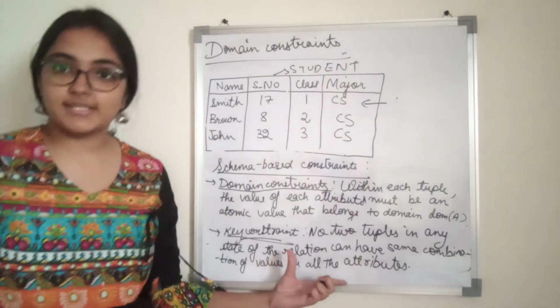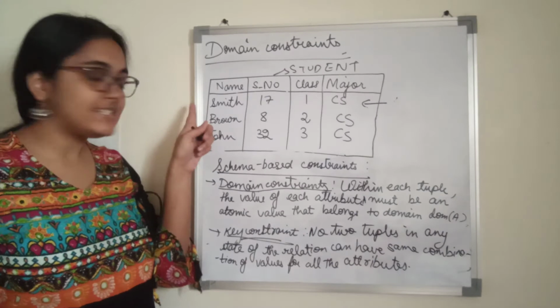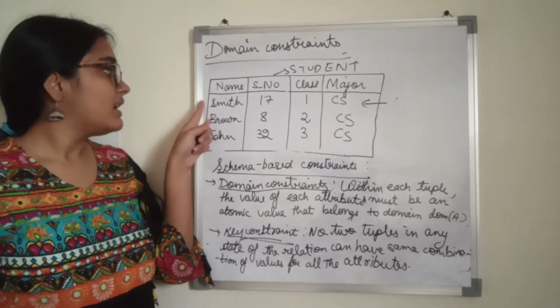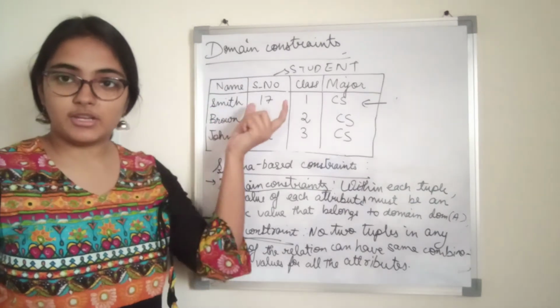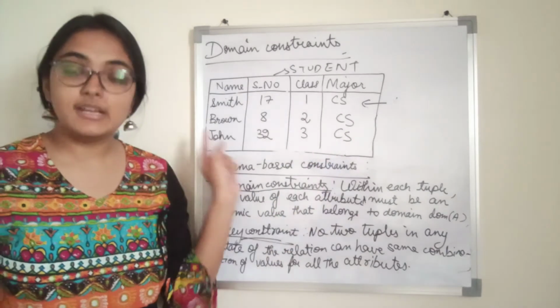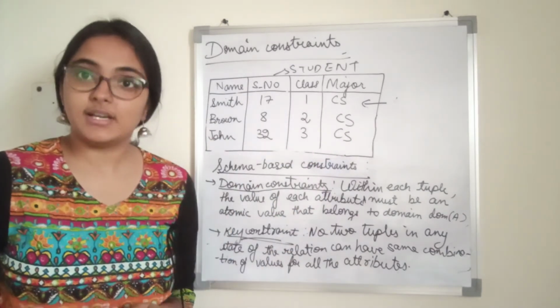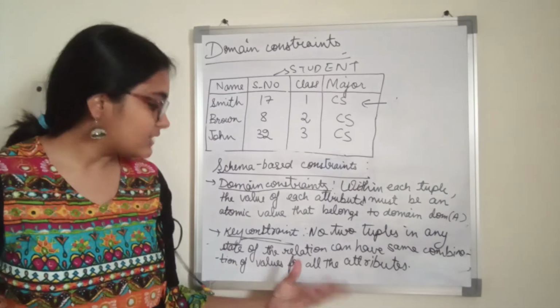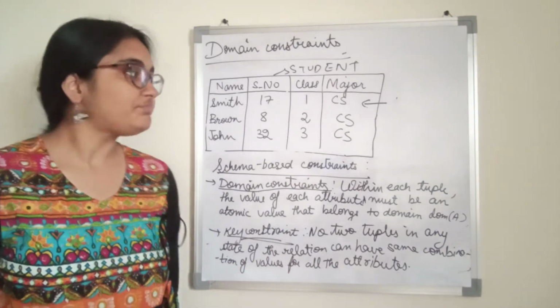Right, so what does it mean? That I cannot have the exact same tuple, we cannot have another tuple in this particular relation with the exact same values as this tuple or this tuple or this tuple, right? So no duplicates are allowed within a relation according to the definition of relation. That is what key constraint specifies, okay?